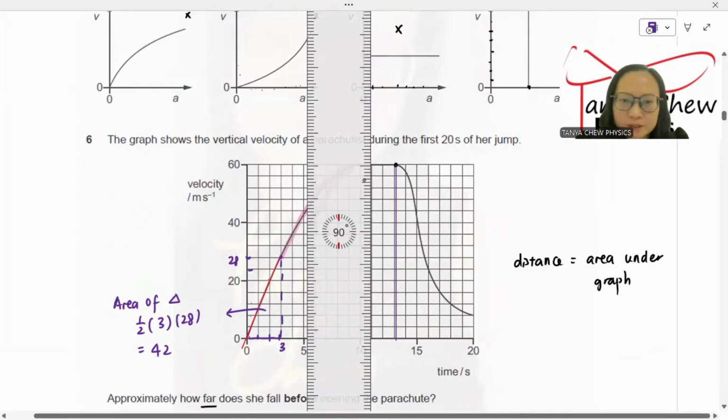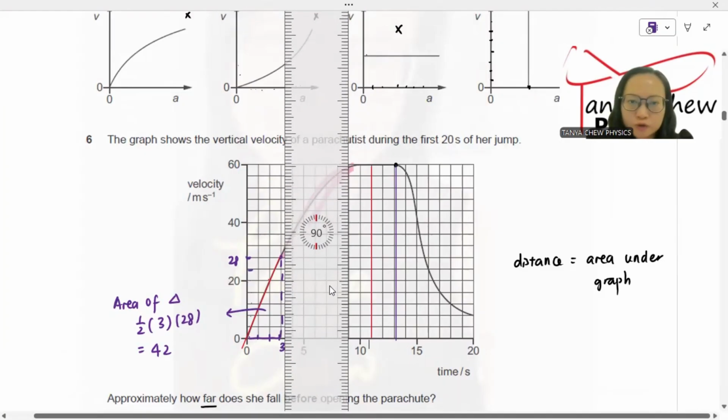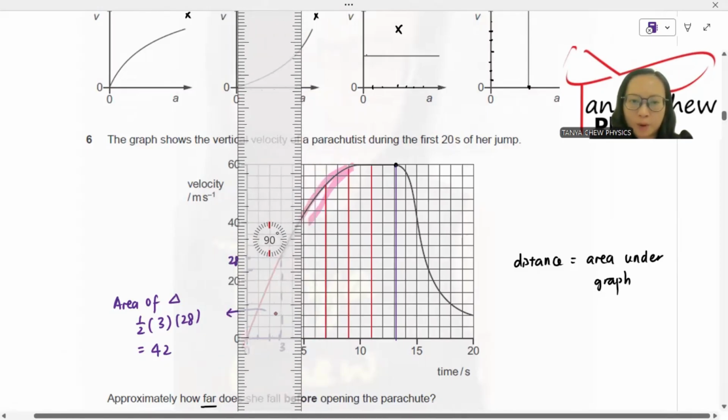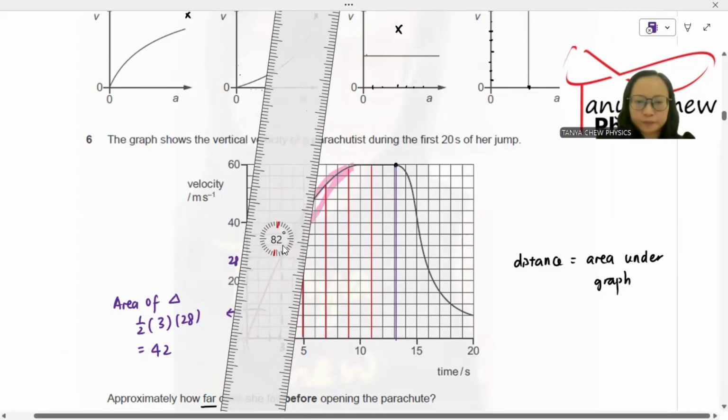So I'm going to split this into 2. You try to draw as small boxes as possible, and then you calculate the number of boxes under this curve and multiply by the area of one box to get your area under the curve.